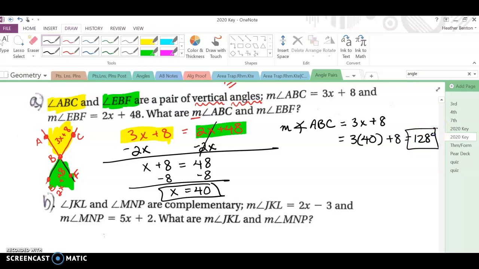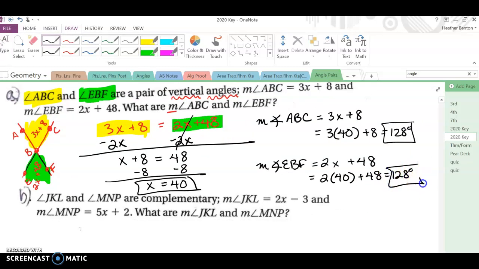And then I shouldn't even have to find EBF. I'm going to, just because I want to check myself and make sure I did this correctly. When I plug this back in, these should come out to be congruent, right? They should both come out to 128. So 2x plus 48, 2 times 40 is 80. 80 plus 48 is 128. So they are congruent. I would say we did this correctly.